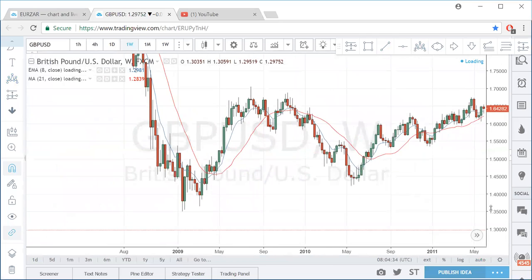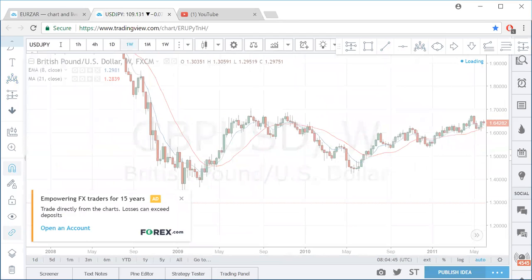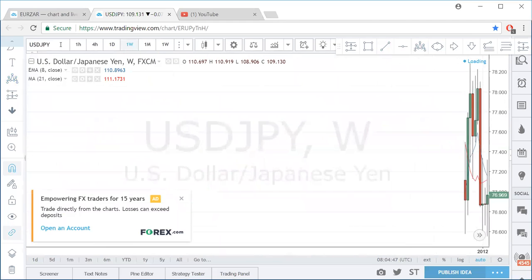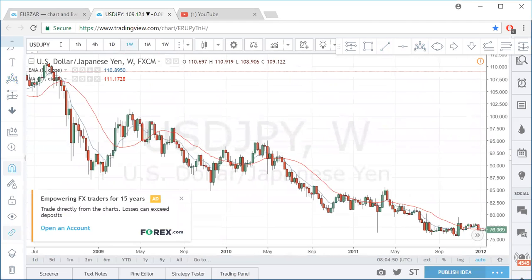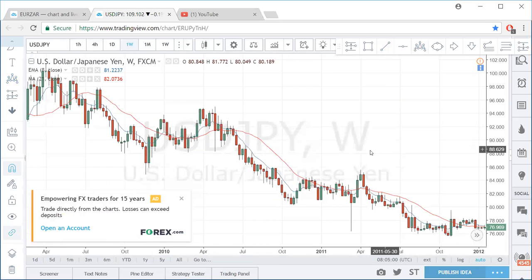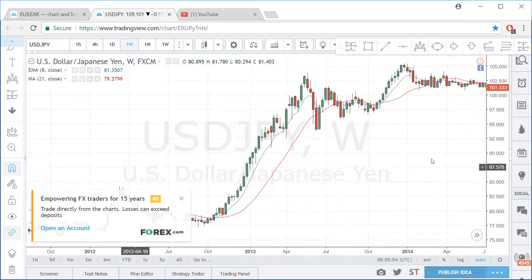Okay, let me do this. Let me find a different pair. Let me see, USD JPY. Okay, we're in USD JPY in a week. We're looking for head and shoulders here, so we can continue with our explanation.